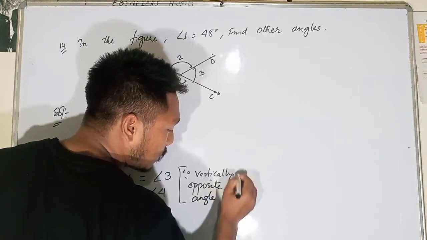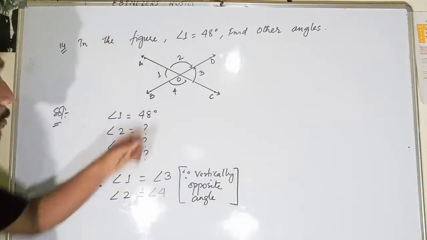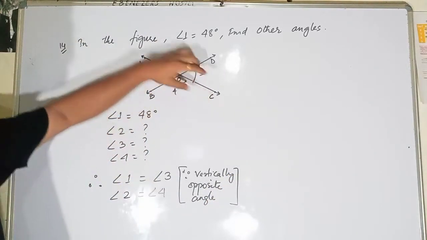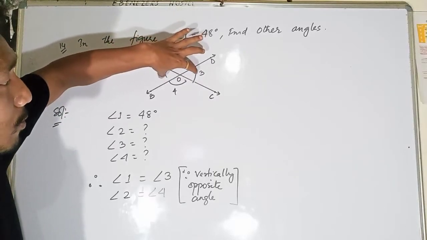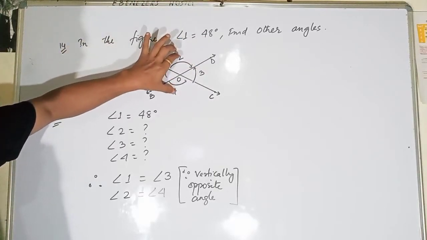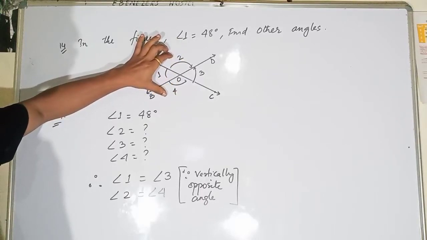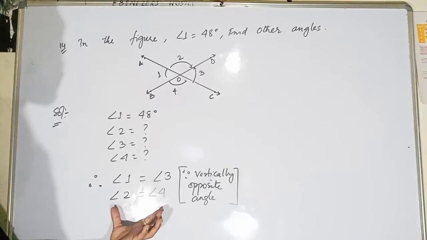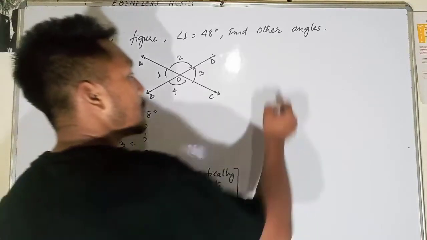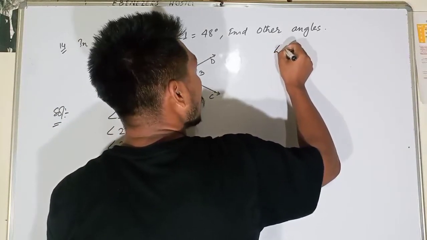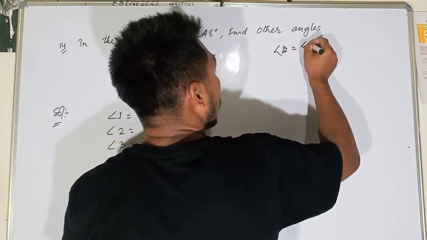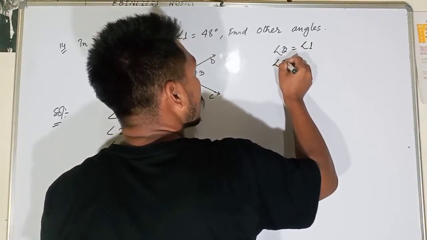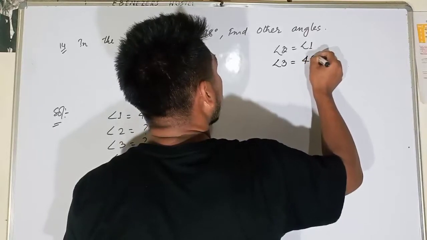Since the two lines are intersecting, angle 1 and angle 3 will be equal because they are vertically opposite to each other, and angle 2 and angle 4 will be equal because these two are vertically opposite angles. That means angle 3 is equal to angle 1, so angle 3 is also equal to 48 degrees.